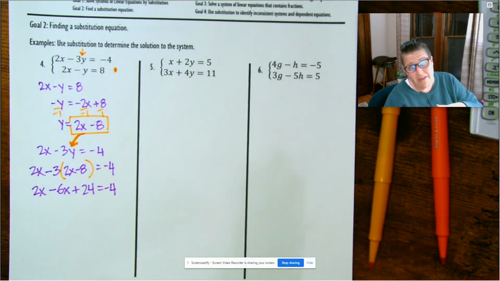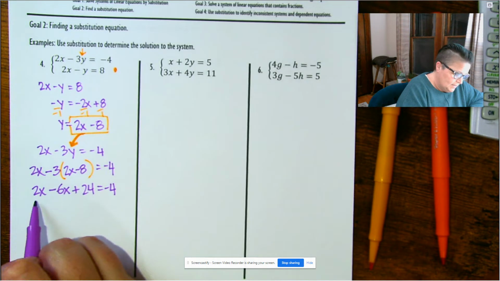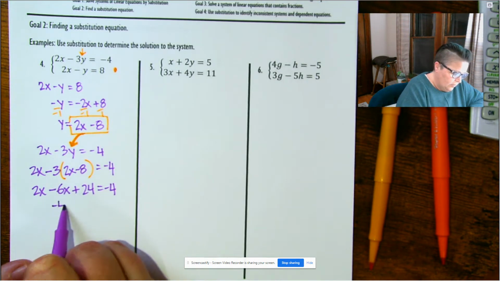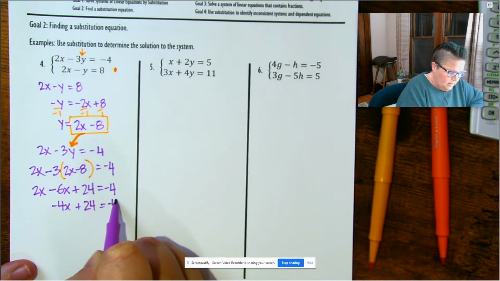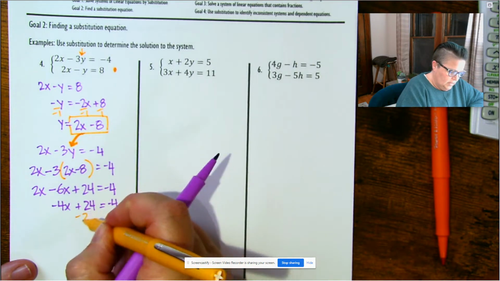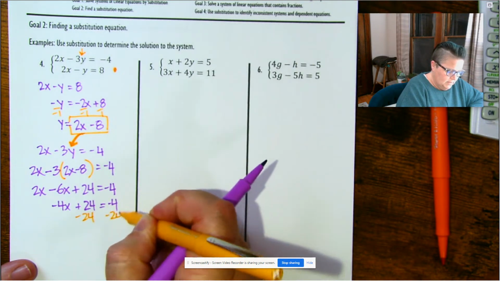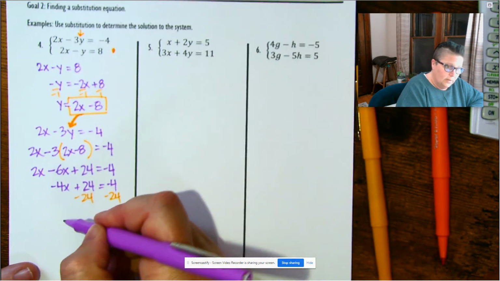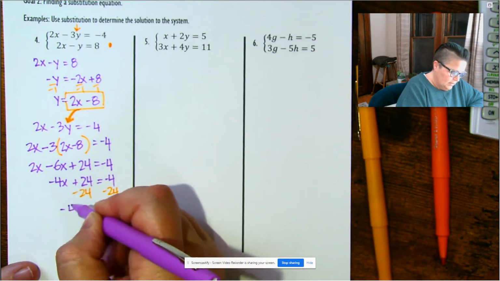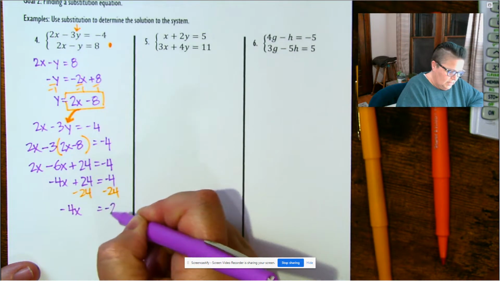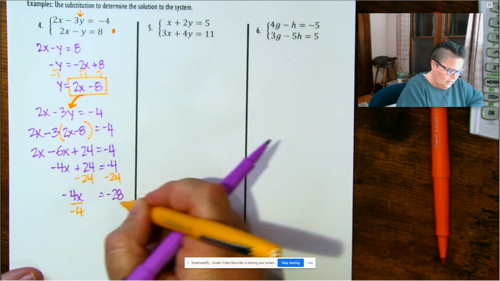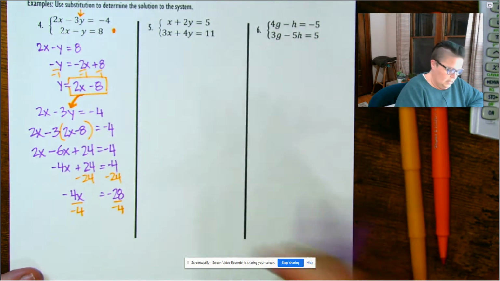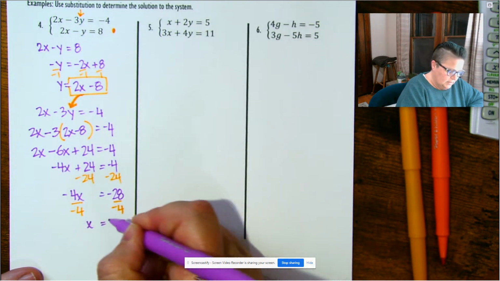Notice I only have x's, and I can solve this by simplifying this side. Negative 4x plus 24 equals negative 4, minus 24 from both sides. So I have negative 4x is equal to negative 28. Divide by negative 4. And I now know that x is equal to 7.